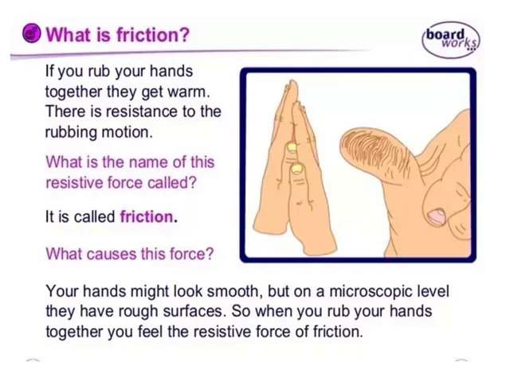What is the name of that resistive force? That is nothing but friction. What causes this force? Your hands might look smooth, but on a microscopic level, they have a rough surface. So when you rub your hands together, you feel the resistive force of friction. Okay?